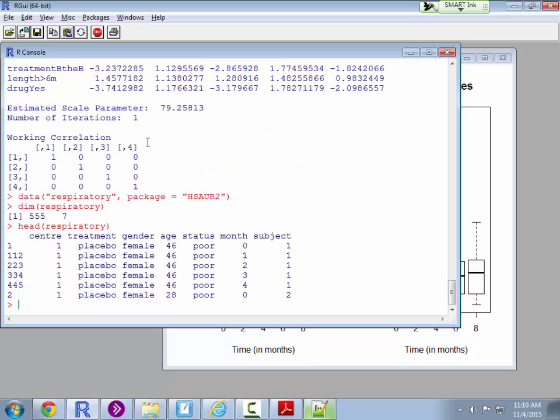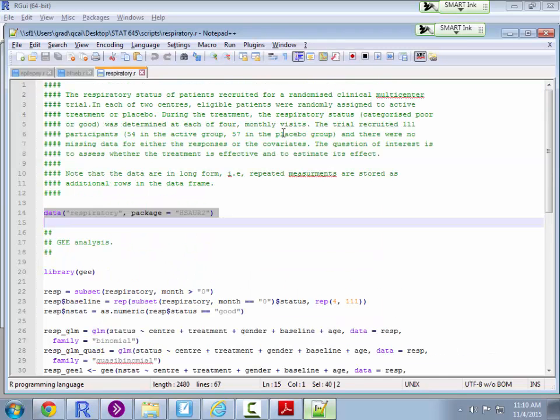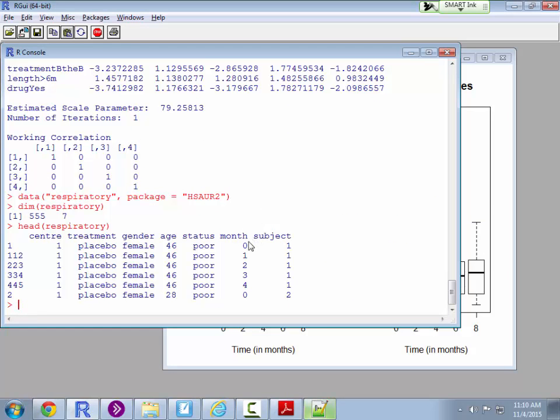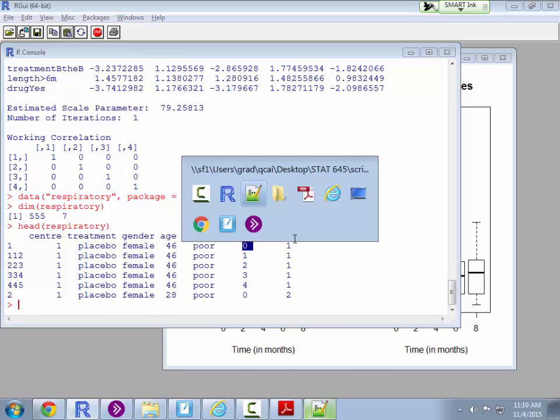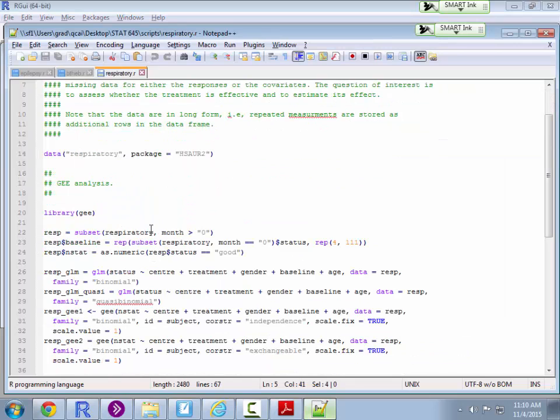And we have 5 time points. Is that what we said over here? 4 time points. Maybe I was wrong. There's a baseline and then 4 time points after the beginning of study. Let's fit a model. I'm going to set aside the baseline variable, and then let's just fit a model.